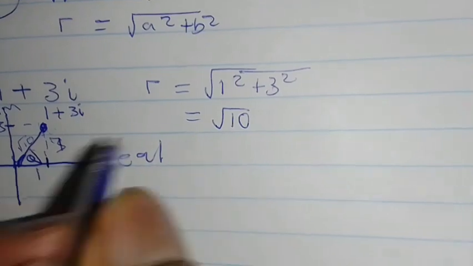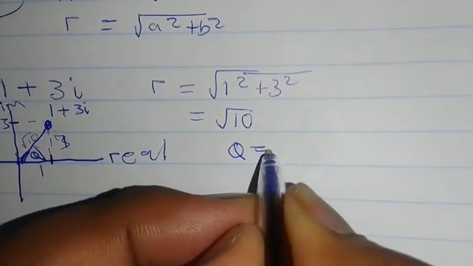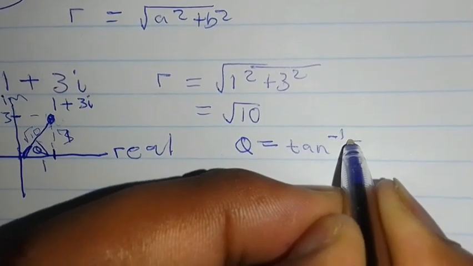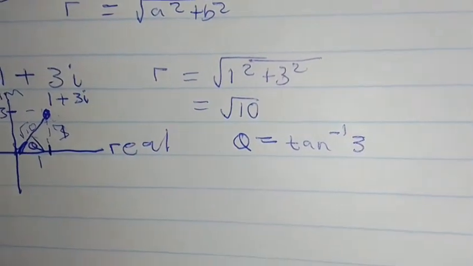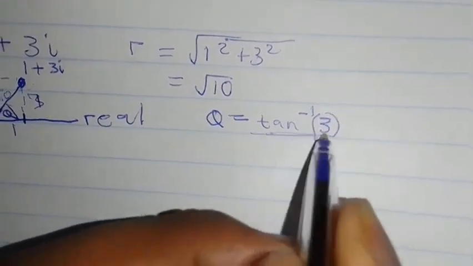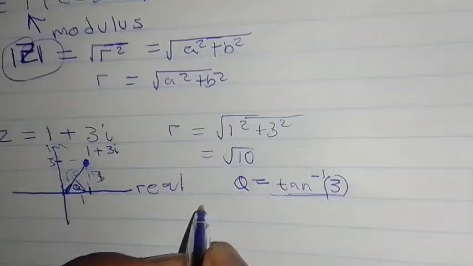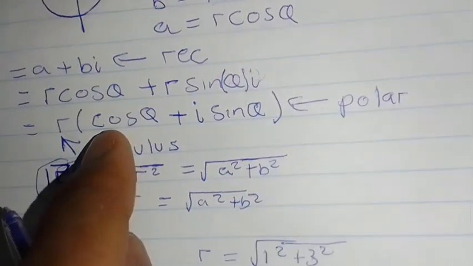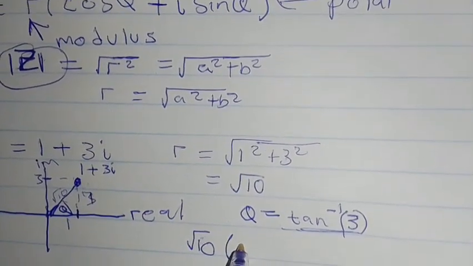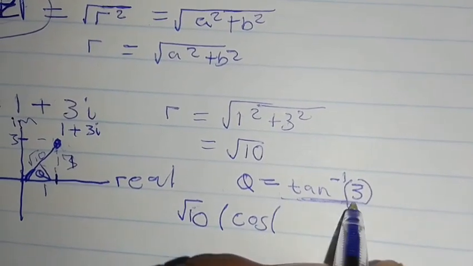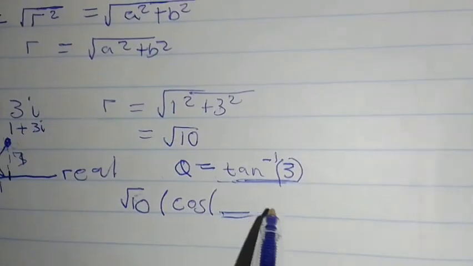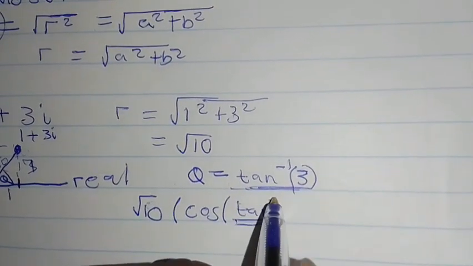The angle theta will be the same as arctan 3, because I can't simplify that. If you rewrite this, remember we need to write it in this form: r, which is root 10, multiplied by cosine of this angle. You can use a calculator. I can't simplify this one, but it's just an example, so I'm going to keep it as arctan 3.